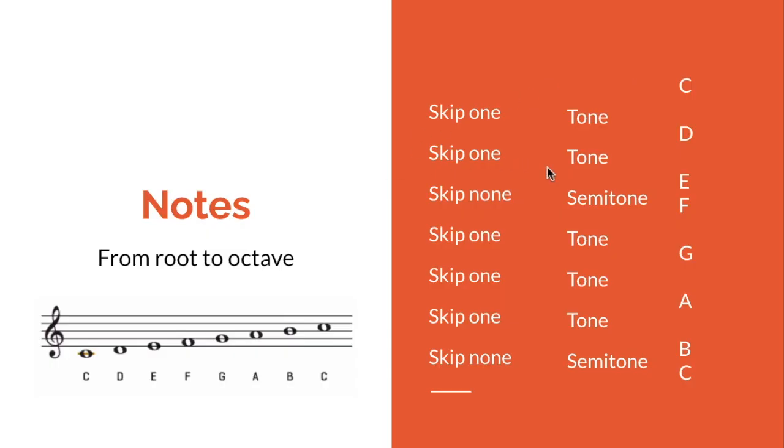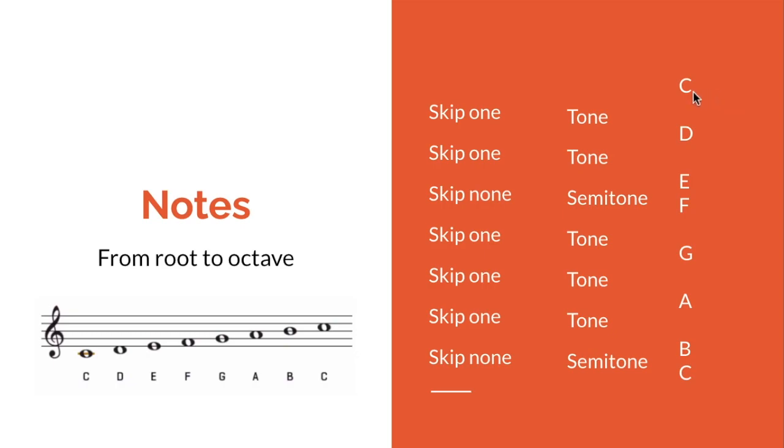Back now on the right-hand side of my slide, I have written the stepping pattern for the major scale. So any major scale consists of this stepping pattern, okay? We're looking at the key of C major only as an example. Any major key will give you a scale with this particular stepping pattern.